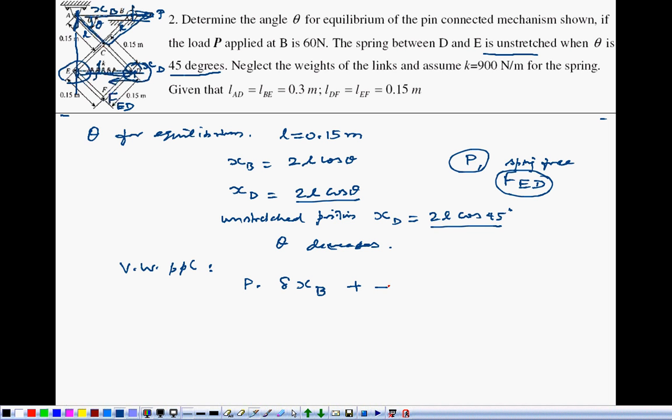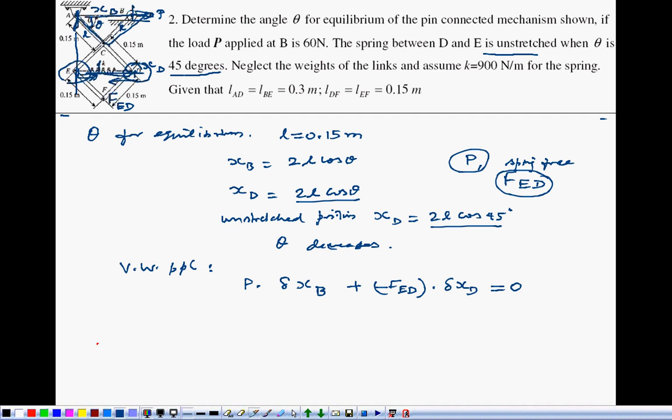So I'm going to say minus FED times delta XT. There is no other force. This spring force acting here this way is such that the virtual displacement is equal to 0, and therefore does not take place. This is equal to 0.